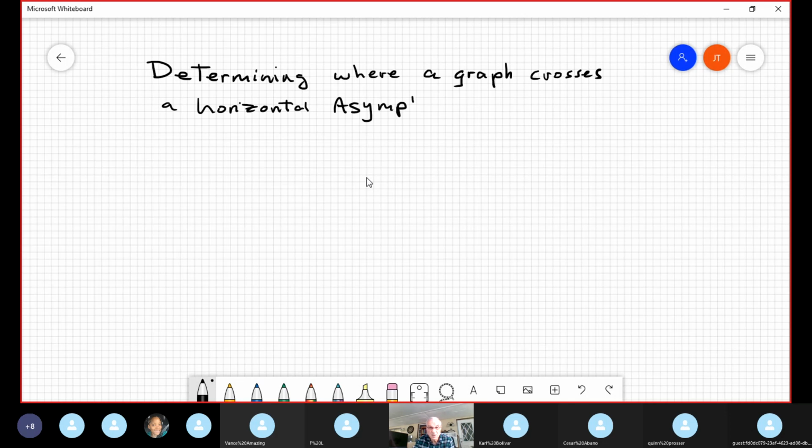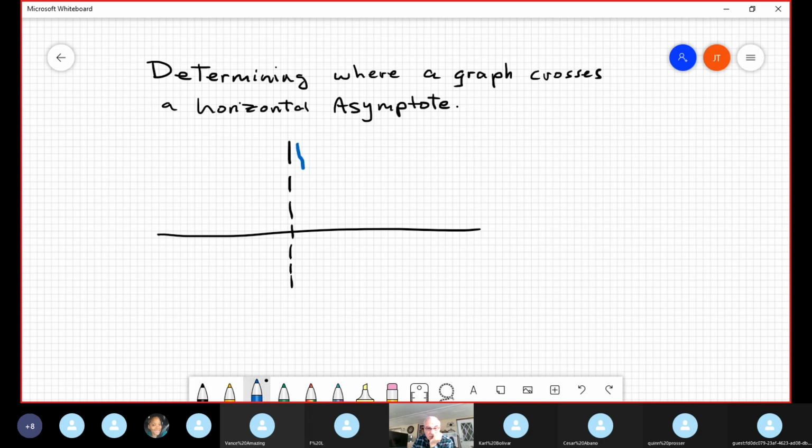Okay. Let me try to introduce this idea. Look, the vertical asymptote, for sure, the curve never touches. However, the horizontal, maybe yes, maybe no. It very seldom happens, but it happens.